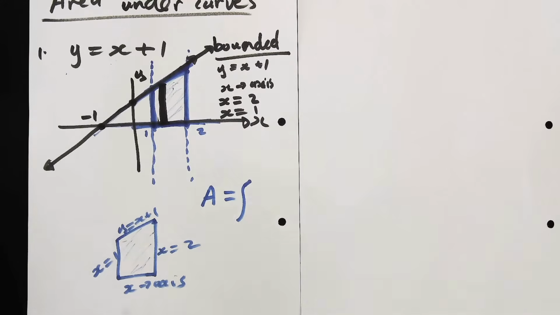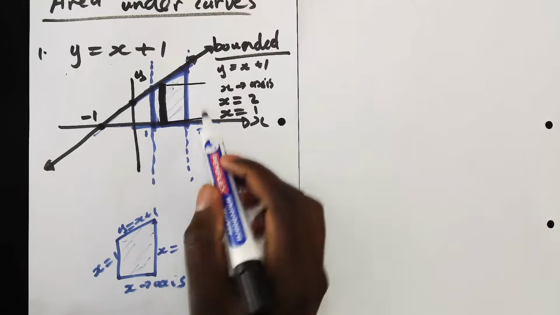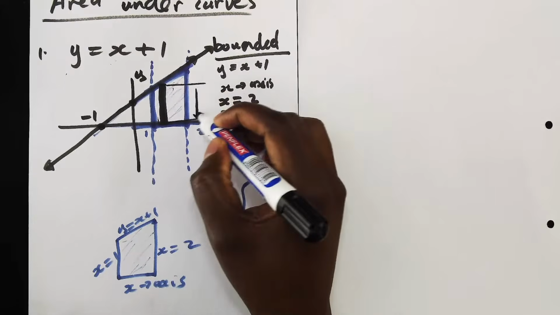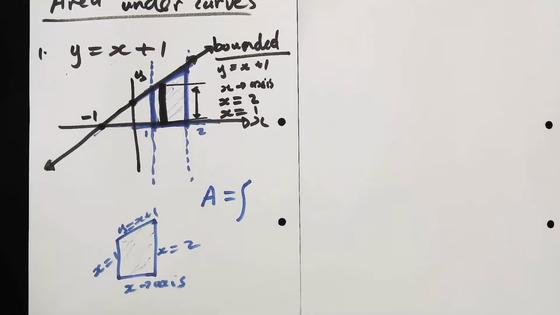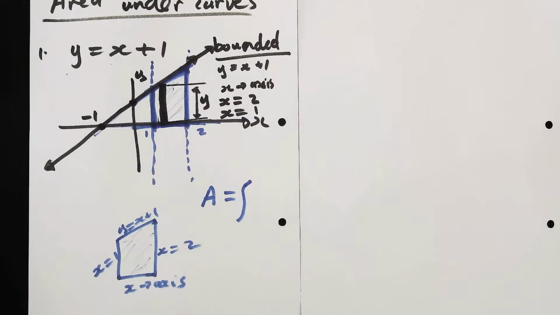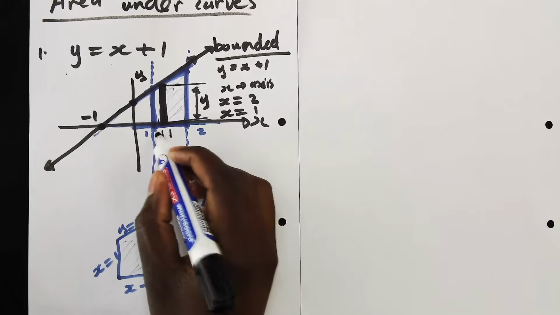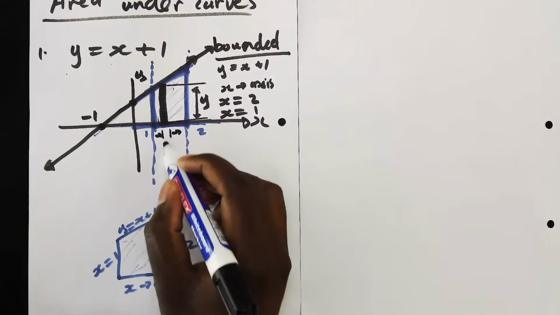So when we check this y value here, I wanted to draw out this y value. I hope you'll agree with me. Going up, it represents the y value, isn't it? Now, this represents the x value, dx.